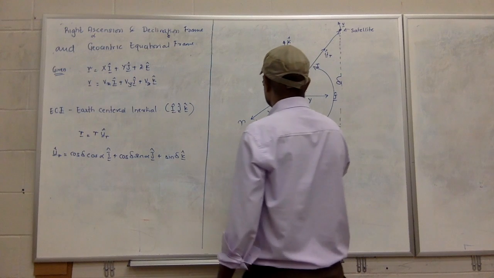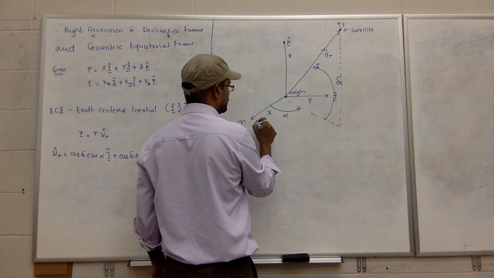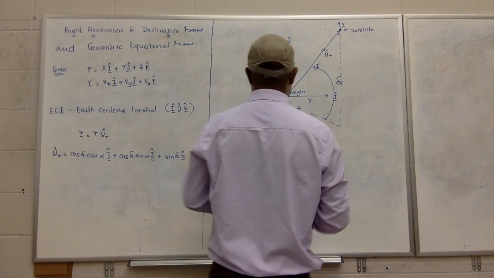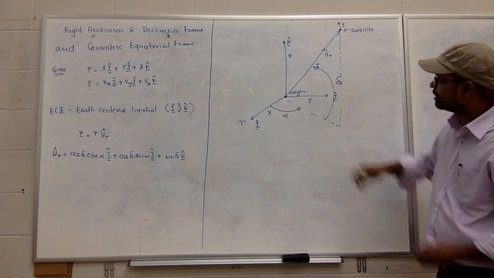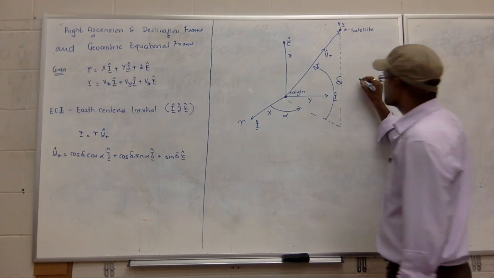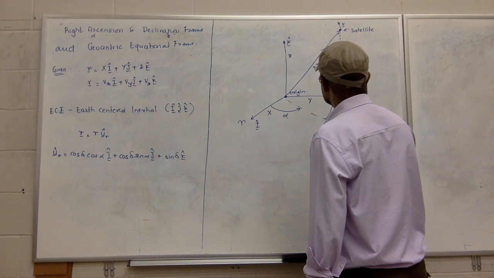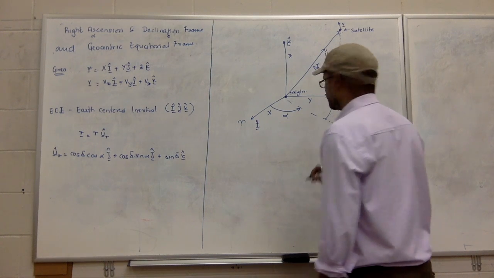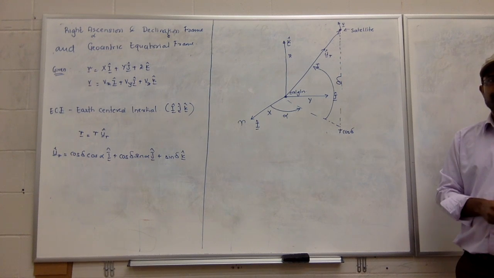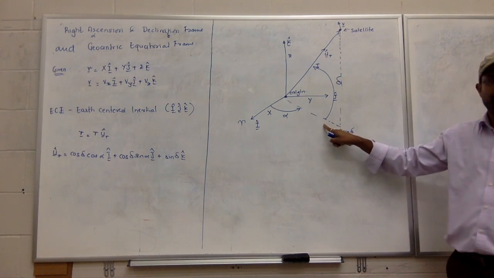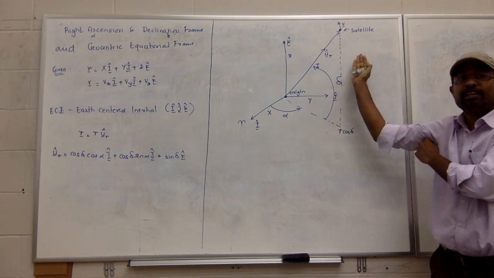What is this? Can I say this is R cosine delta? You see that? Sorry, this component would have been R sine delta.